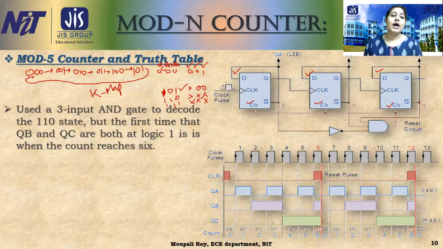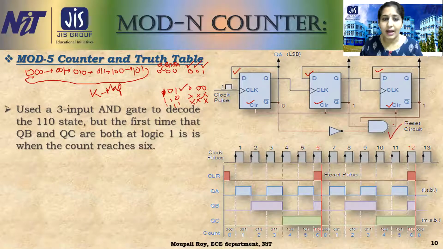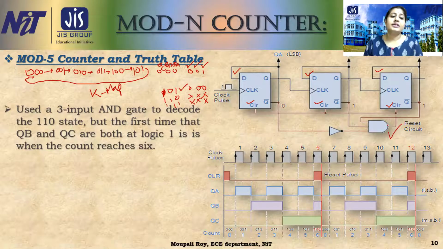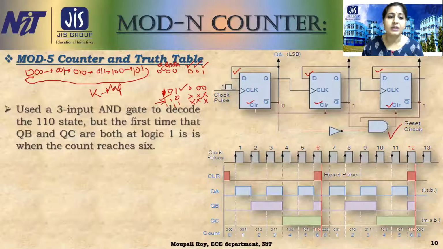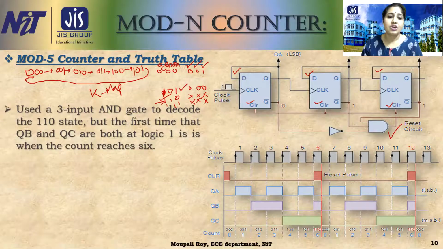We used our 3 input AND gate, that is this one, to decode the 0 1 0 state. In case of the 0 1 0 state, that means this state, we are decoding this one. But the first time QB and QC both are logic 1 in the 6th condition.